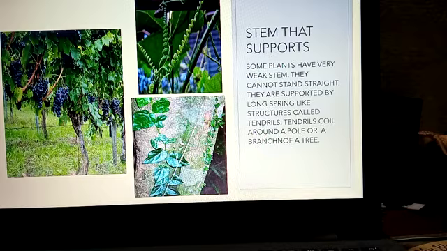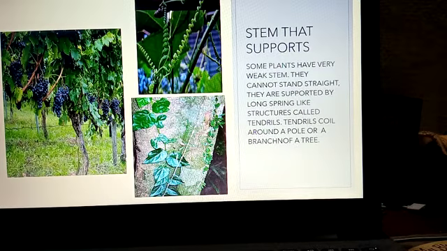See in the picture, children, at the top right hand, you can see the tendrils, like a telephone wire. These tendrils coil around a pole or a branch of a tree and give support to the plant to stand straight.